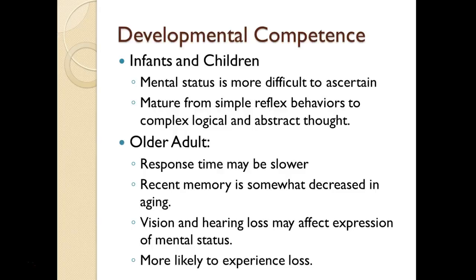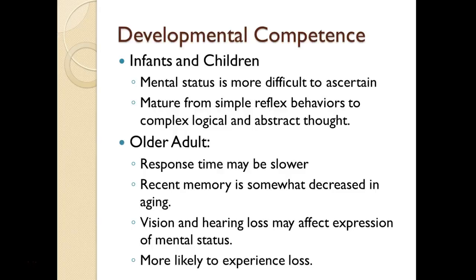With an older adult, we do have to be careful because things like vision and hearing loss can make it look like an older adult is having trouble with their mental status, and really it's just a difference. Maybe they can't hear or see the stimuli that you're offering, or if you're asking questions and they can't hear what you're saying, then their responses are not going to be appropriate.